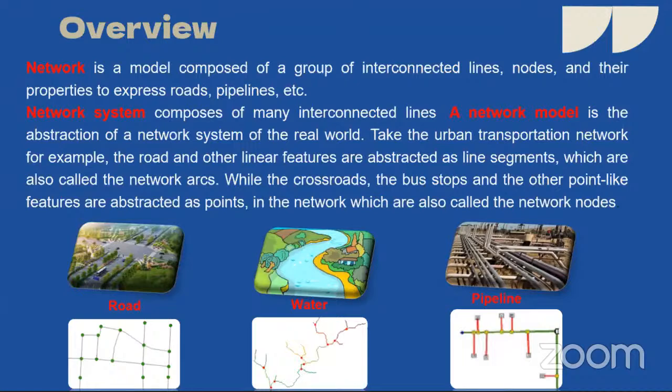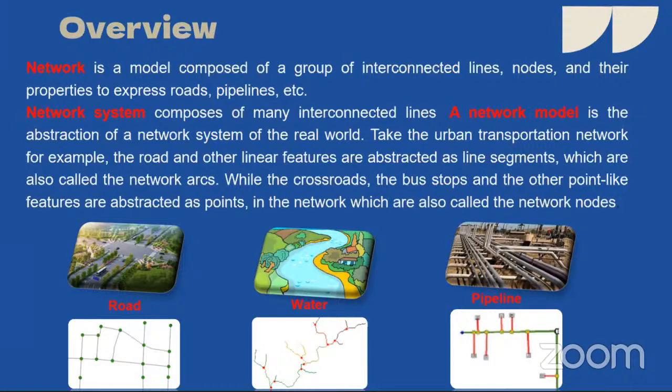In the world of geographic information, public infrastructure such as power facilities, cable TV networks, road transportation, water networks, and others are all abstracted as a network system, which is composed of many interconnected lines. While the network model is actually the abstraction of the network system of the real world.